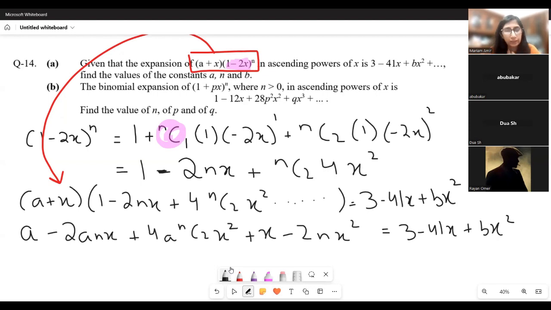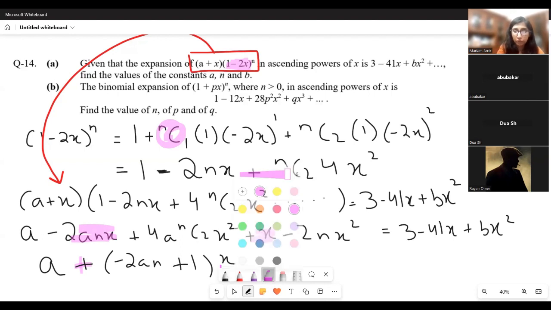I'm going to collect the like terms. What are the constant values that I have? That's just a. Then what are the x terms that I have? This is the x term and this is the x term. So write that together. Take x common. So plus brackets x outside. Inside I have minus 2an and then plus 4. That is the x term.